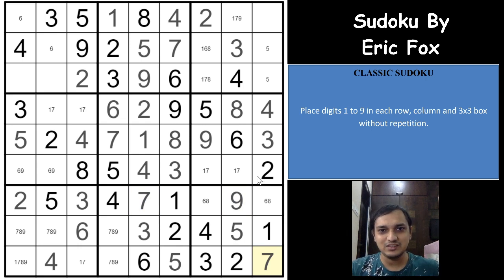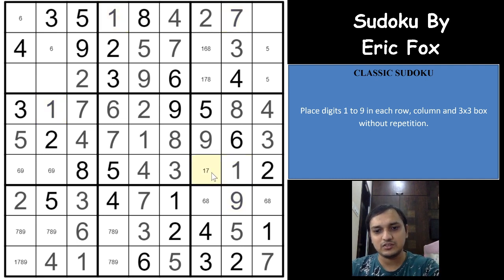As we have already seen that. Superb, right? Because of the 7 we get a 1 here, and because of the 1, a 7 here, a 1 here, and because of the 1 and a 9 we get a 7 here, and we get a 1 here, a 7 here, and excellent.